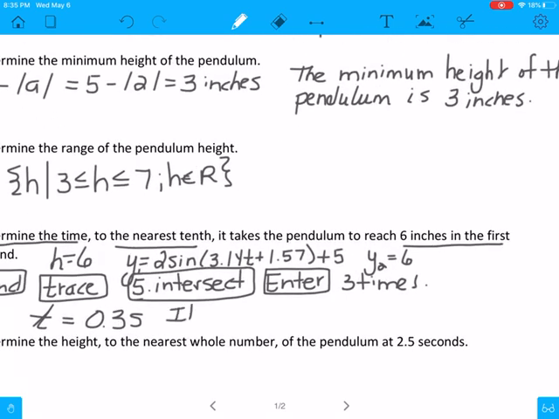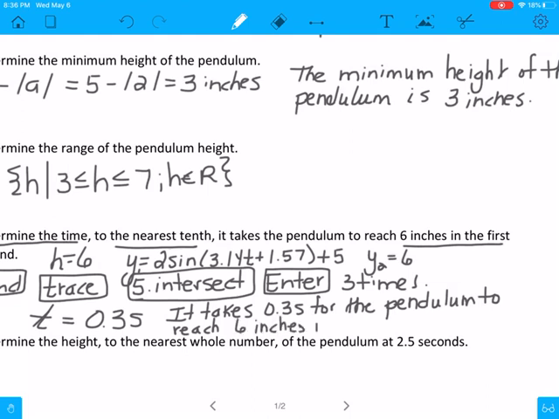It takes 0.3 seconds for the pendulum to reach 6 inches in the first second. I'm literally just rewriting what they typed.